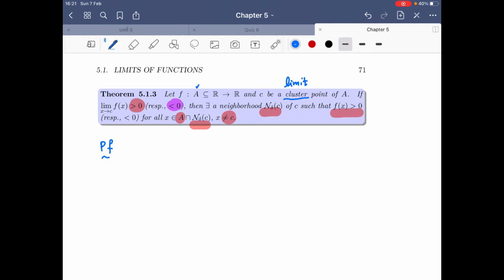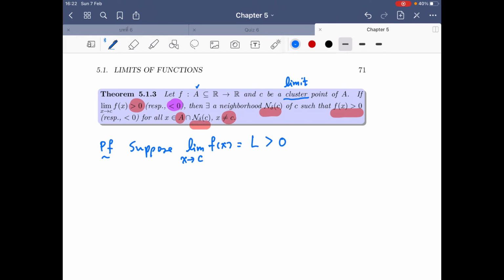Because it is an implication statement, let us suppose that the limit as x goes to c of the function is equal to L, and L is positive.